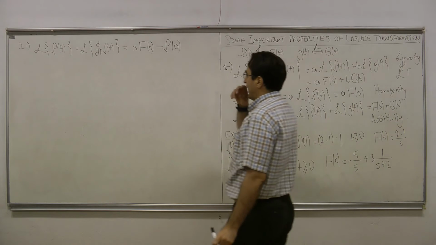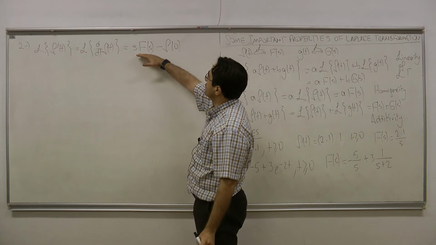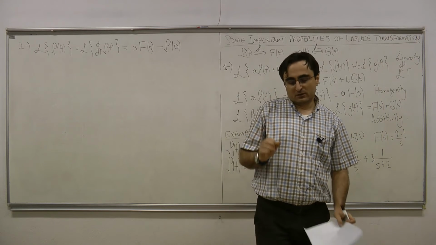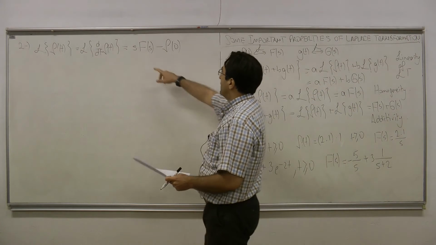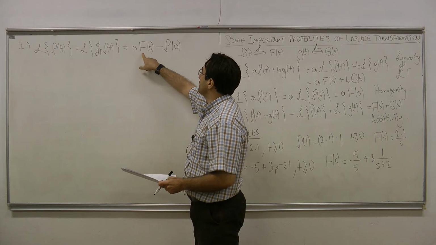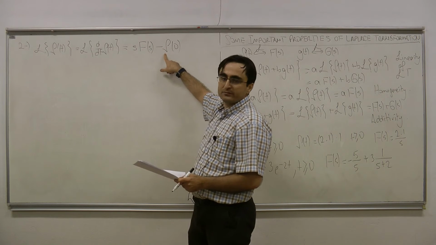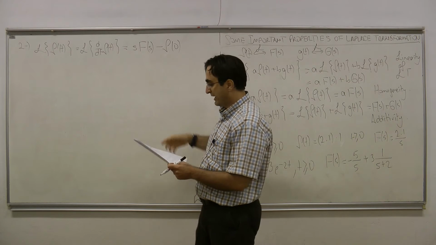So this is the property here. And what does it say? When you know the Laplace transformation of a function as F of s, you can write the Laplace transform of its derivative directly by multiplying that original Laplace transformation with s and then subtracting the value of the function at t equal to 0. Okay?